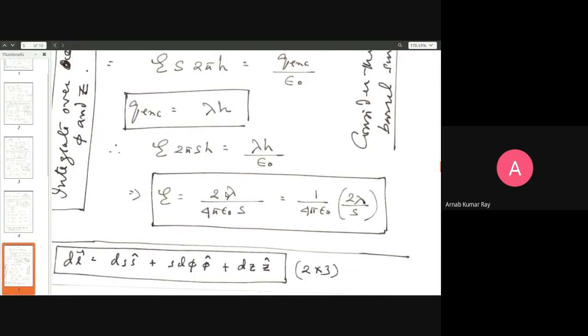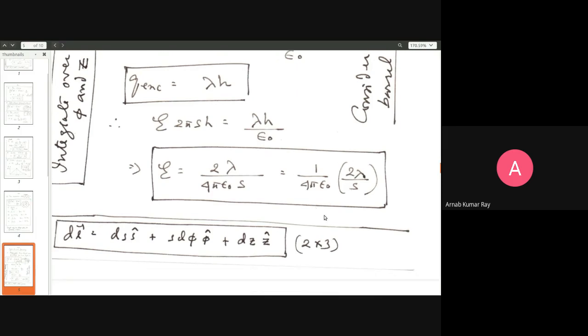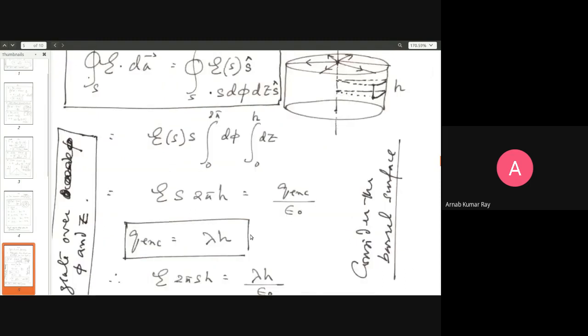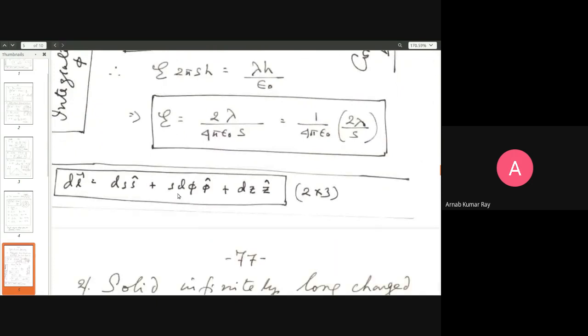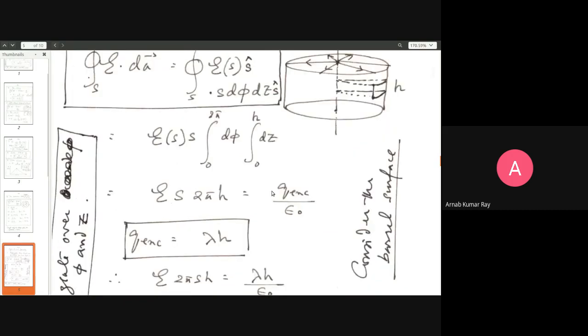And E is equal to λ divided by 2π epsilon naught S. But I'm multiplying and dividing by a 2 so that it becomes that familiar 1 by 4π epsilon naught formula, and that into 2λ by S. And of course, one last point is that this window that you have will be the outcome of φ cap cross z cap, S dφ dz, which will give you S cap.